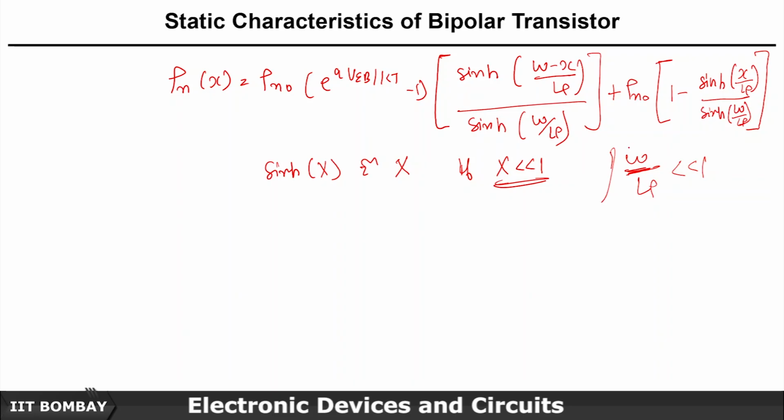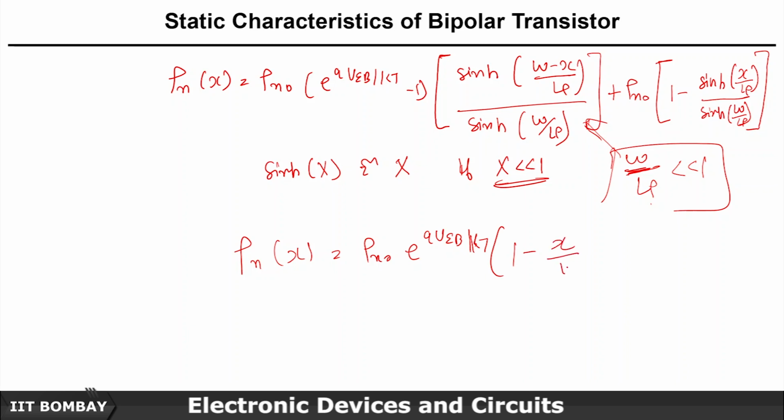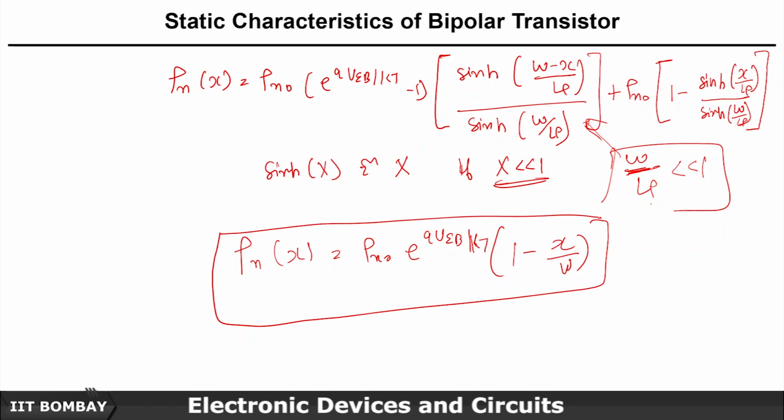That's why this condition is very important, and applying it here, what we get is Pn(x) equal to Pn0 e raised to the power qVEB by kT multiplied by (1 minus x by W). This expression is important, and it can be written as Pn0 (1 minus x by W).